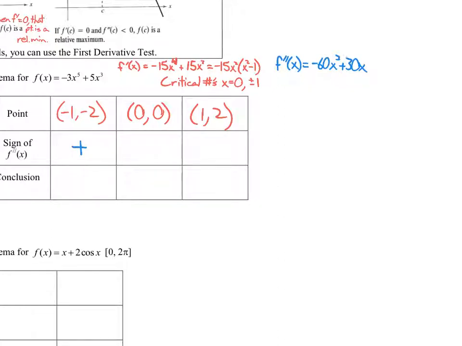If I plug in a 0, I get 0, and if I plug in a 1, I get a negative 30. So at this first point, negative 1, negative 2, since the first derivative is 0 and the second derivative is positive, what do I have? A relative minimum.